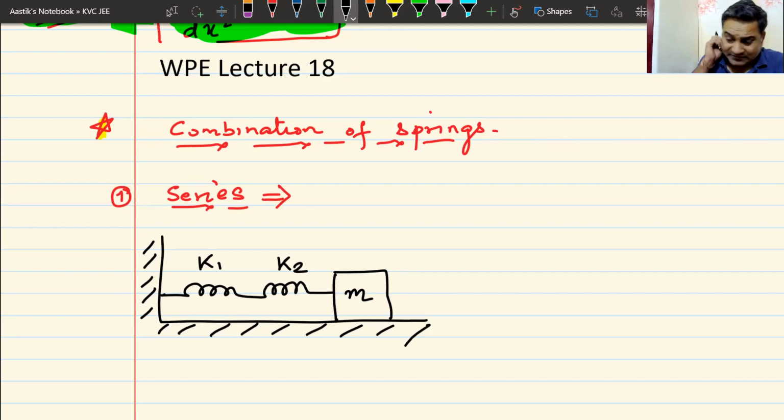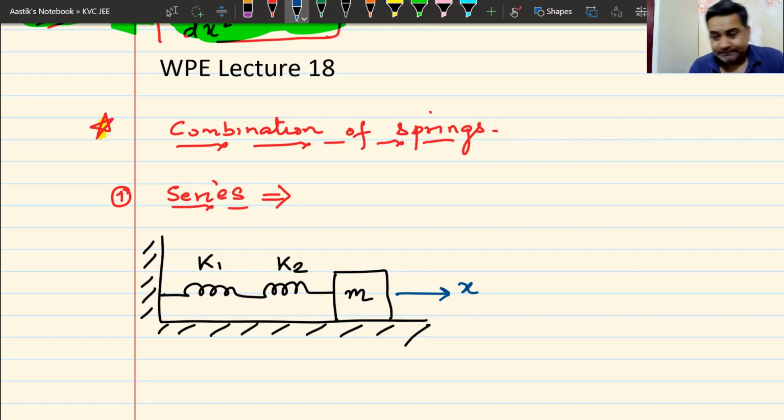Now, what is the special thing that you must remember about this? For example, if I move this block by an amount x, I will ask you a question now. What do you think will be the extension in both the springs? Will it be the same as x or will it be different? Two springs attached to a block and I'm moving the block by x. Can you tell me what will be the extension in the spring? Will it be x or different than x?